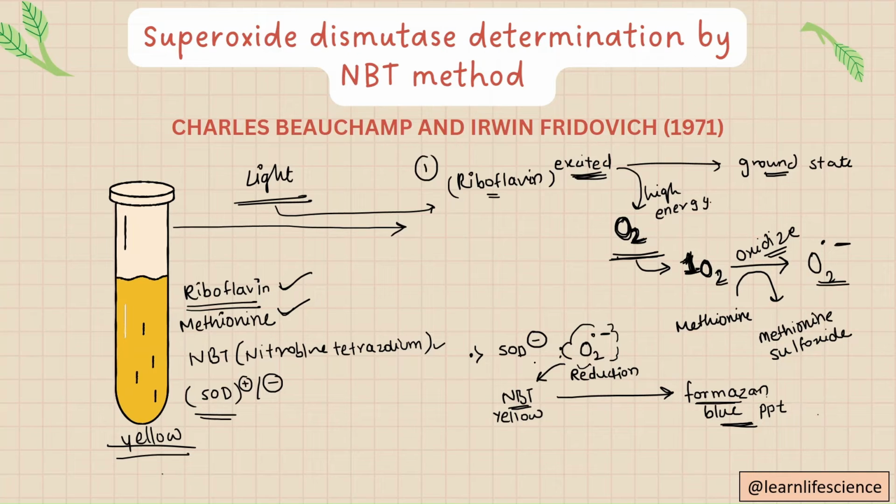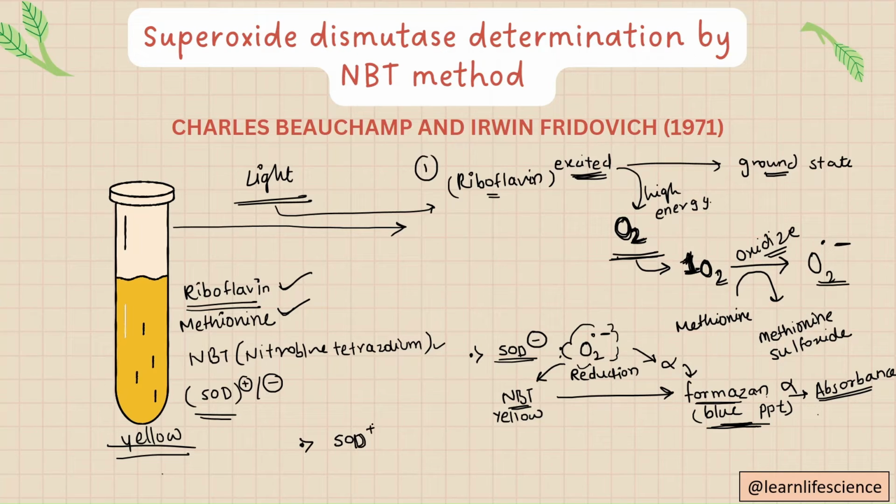For example, in the lacking condition, meaning if superoxide dismutase is lacking, the formazan which is produced in blue precipitate form can be spectrophotometrically determined by taking its absorbance, right? You can measure its absorbance. Now this absorbance will be proportional to the formazan, and the formazan concentration is proportional to the superoxide radicals generated, right?